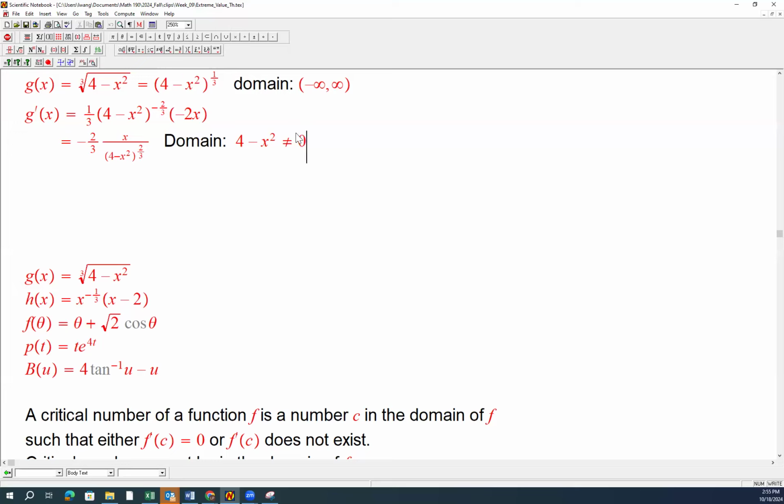We haven't found the critical number yet, okay? As a result, x cannot be plus 2 or minus 2. And these two numbers are where the function is defined, but the derivative does not exist, right?